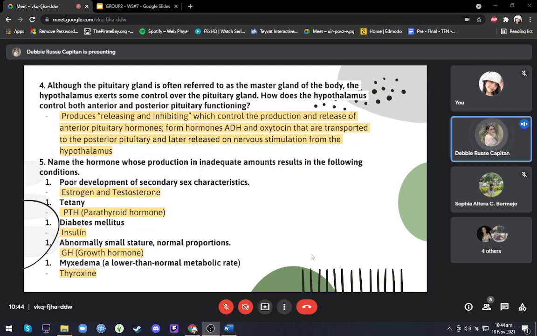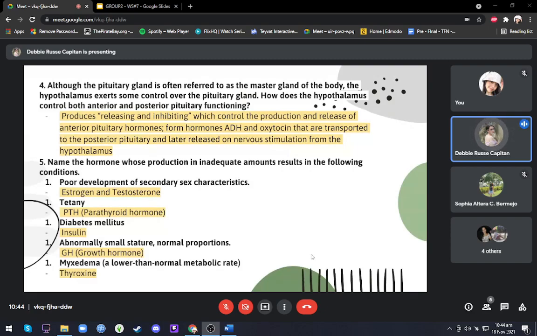Next, name the hormone whose production in inadequate amounts results in the following conditions. For the first, poor development of secondary sex characteristics, our answer is estrogen and testosterone. Next, tetany, our answer is PTH or the parathyroid hormone.